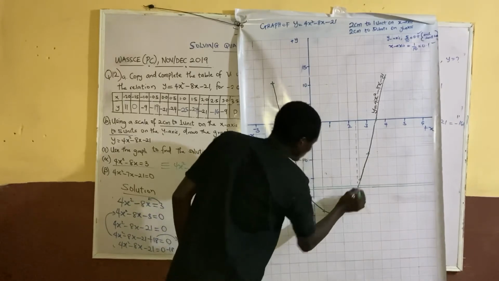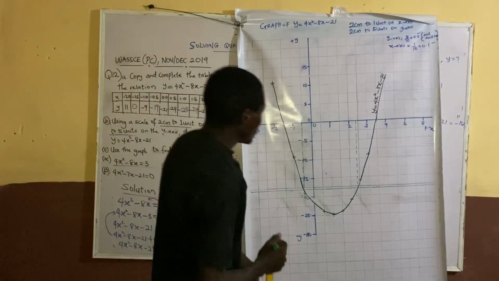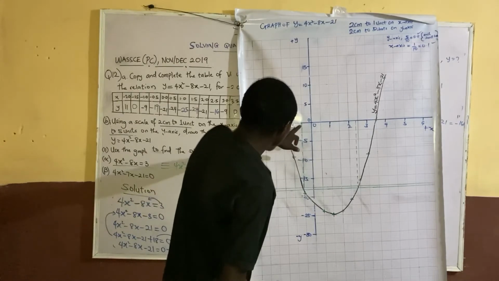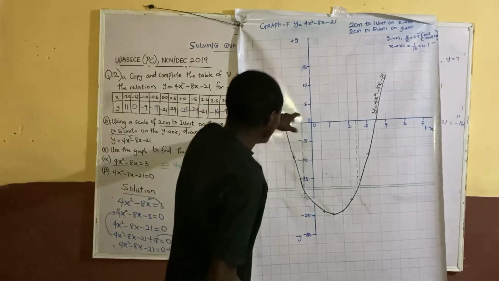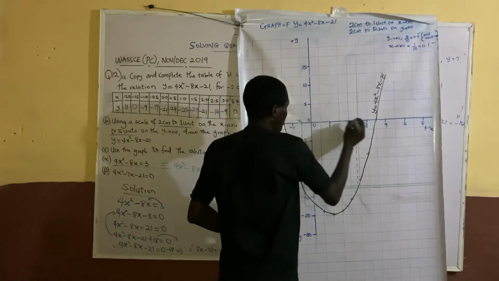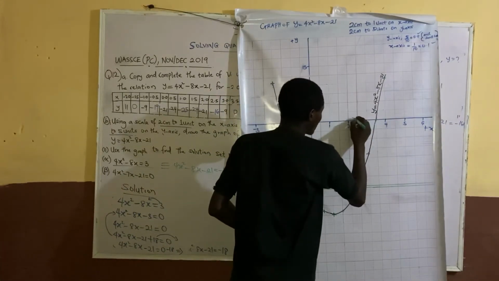So approximately, we have closely, now if you read the value of x1, this is your x, this is your another x, the root of that equation that we're looking for.